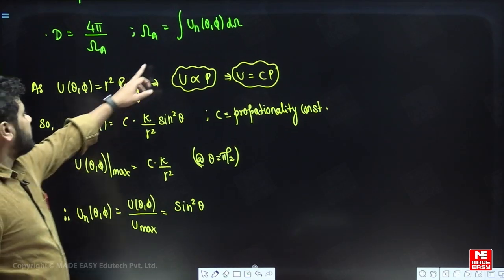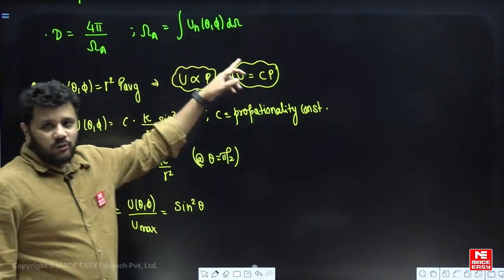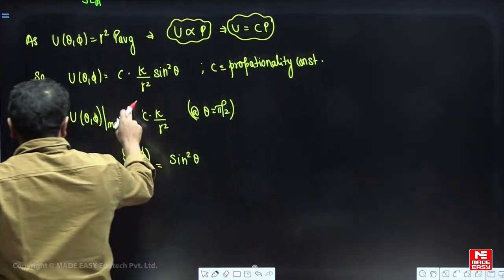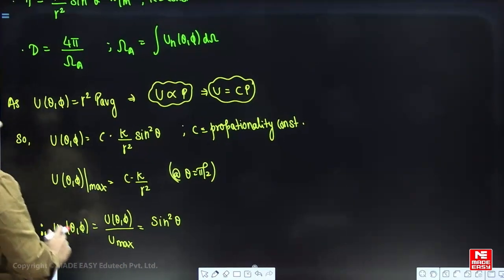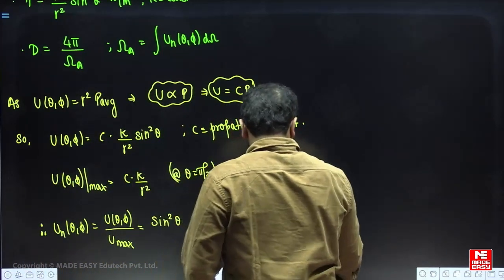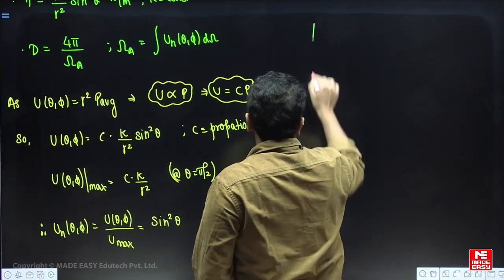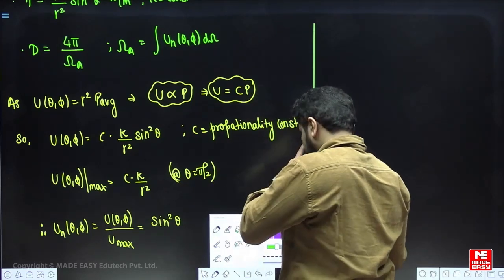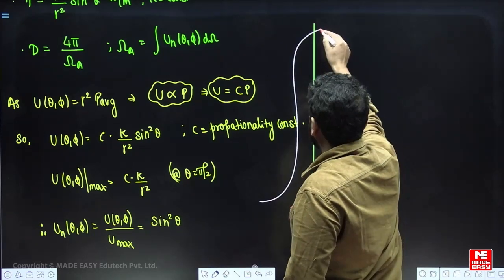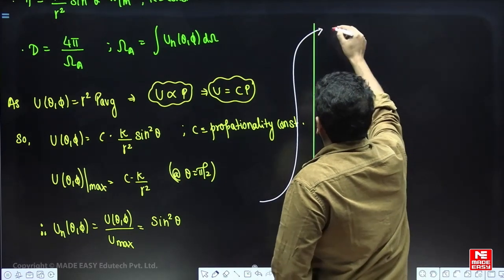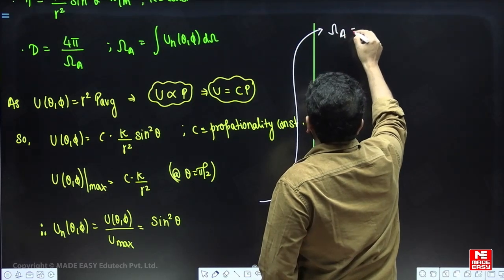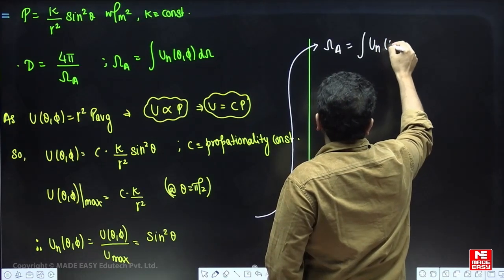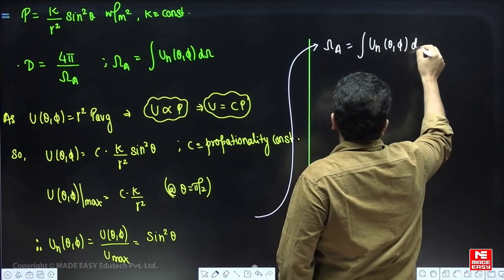So once you have got Un(theta, phi), and this d omega is nothing but your differential solid angle, therefore what I can do is, the beam solid angle is your integration of Un(theta, phi) into d omega.